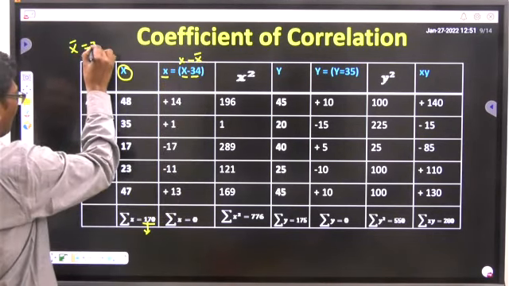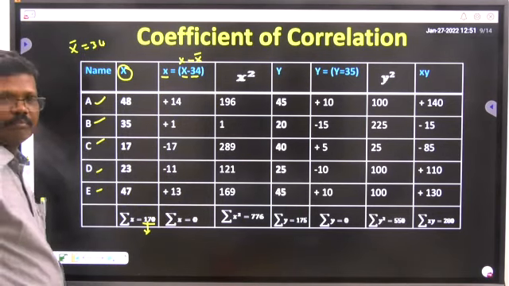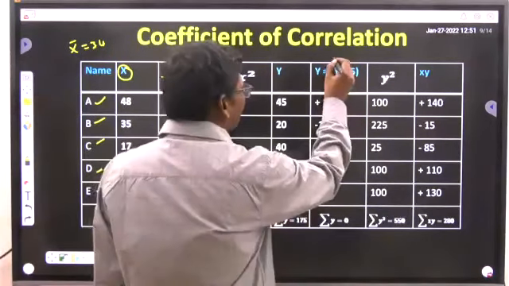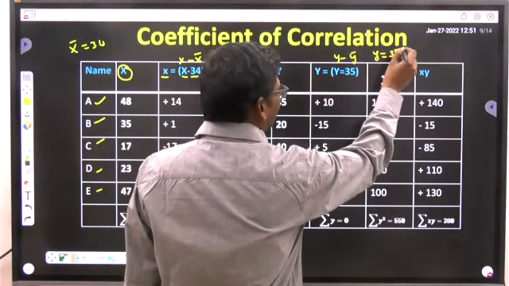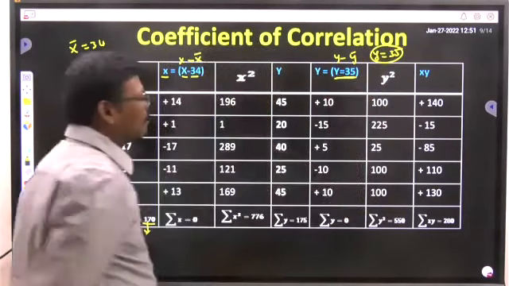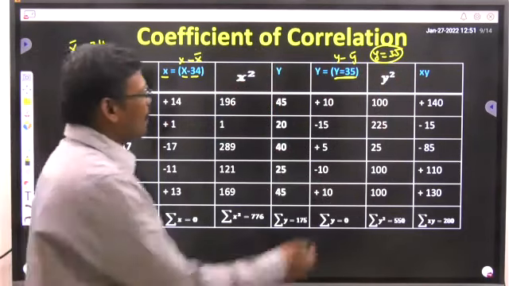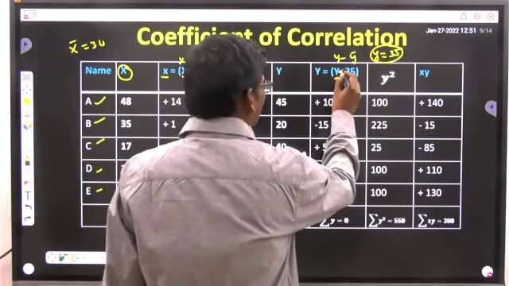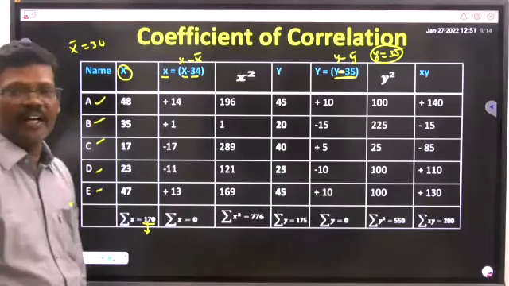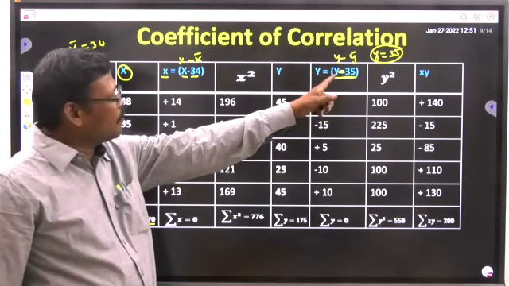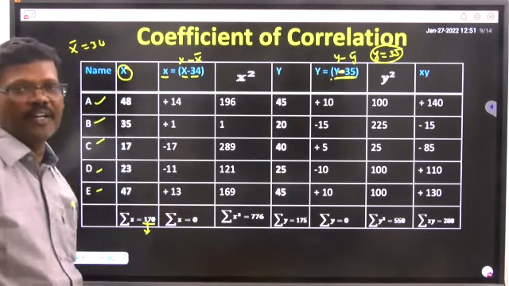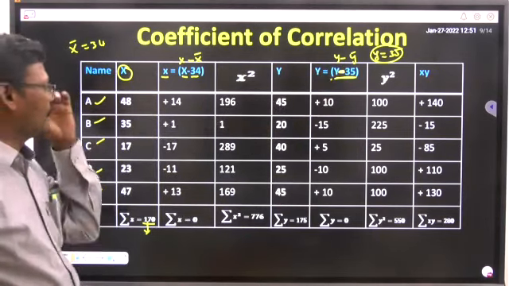X bar is equal to 34, already told you. Y bar is 35, so y is Y minus 35. So y minus y bar, or we can say y minus 35.